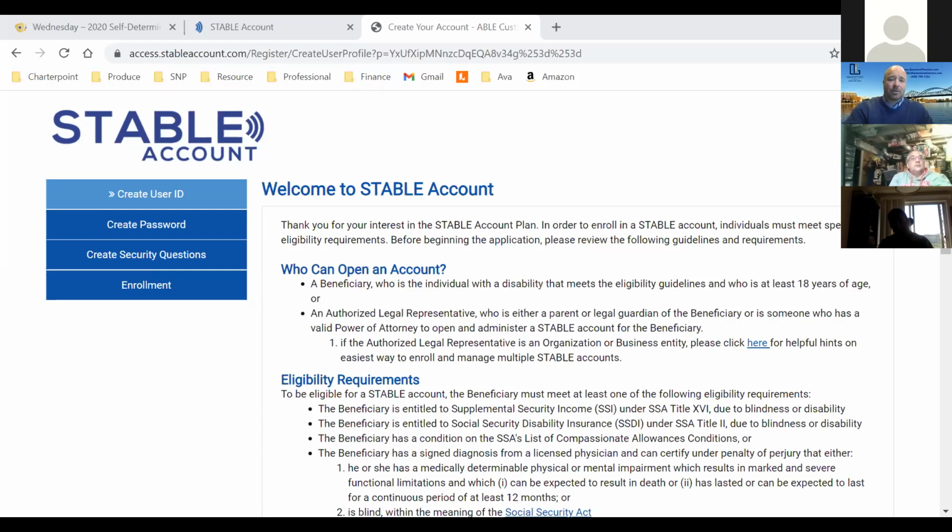A 36-year-old with a Down syndrome diagnosis, which was more than likely made at birth, prior to age 26. Even though they are 36 now, the diagnosis happened prior to age 26, so they will be eligible. It's regardless of what age you are right now; it's the age at which your diagnosis occurred.